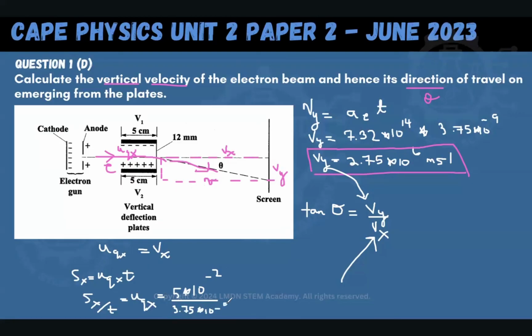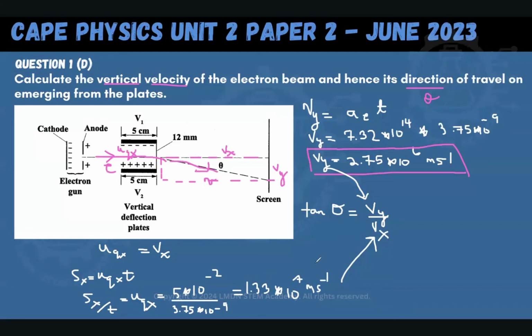When I work that through, I'm going to come out with a value for my initial horizontal velocity, aka my final horizontal velocity, because it's not changing. That will end up being 1.33 times 10 to the 7 meters per second, because it's a velocity.